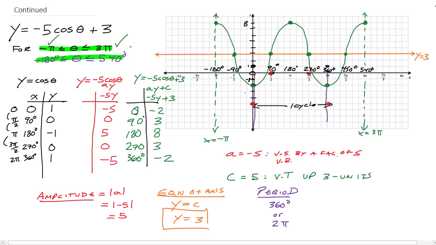All right, so that's as far as you're going to go this week. I want you to basically follow what I did here and graph these. Now, the nice thing is, shortcut-wise, think about it. Once you know where your x's are, all we did is, what's the high point? What's the low point? What's the middle? The middle is just C, 3. There's the middle. I can draw that in. Well, don't I just add and subtract 5 from that? Isn't that how I get to the top? 3 plus 5, that's the top.